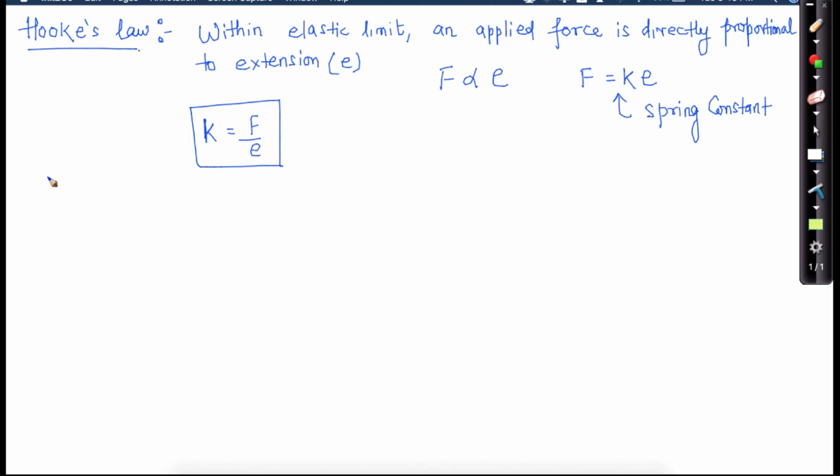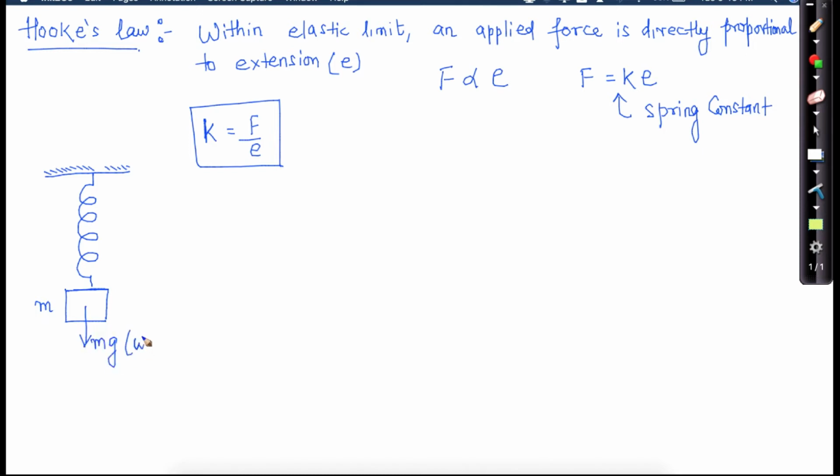Now let's take one example. So there is a fixed end and the spring is attached to a fixed end. And at the other end, the mass M is attached. So this mass is putting the downward force, that is mg.